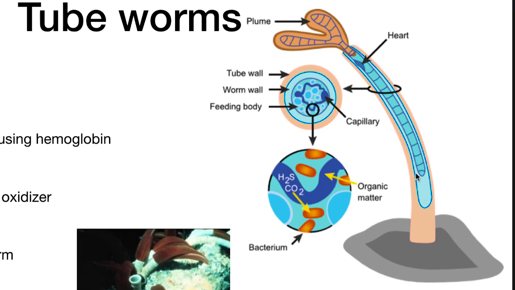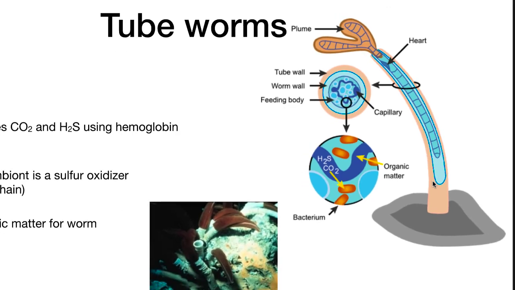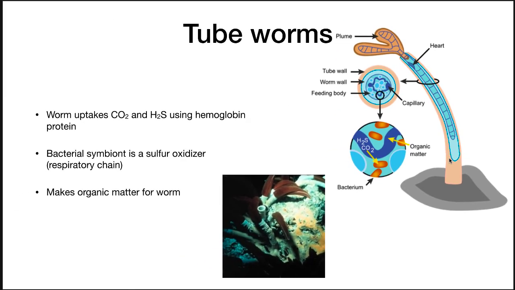So in this mutualistic symbiosis, the tube worm collects the gases and brings them into its own body where these sulfur oxidizers are, and it provides them for it. And in return, the sulfur oxidizer gives them organic matter. Amazing collaboration and a completely foreign kind of organism. All right, that's it for lakes and oceans.